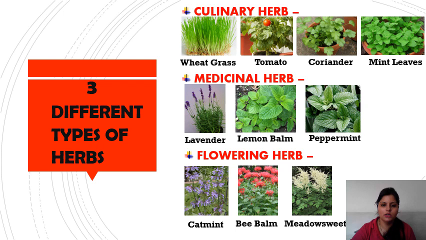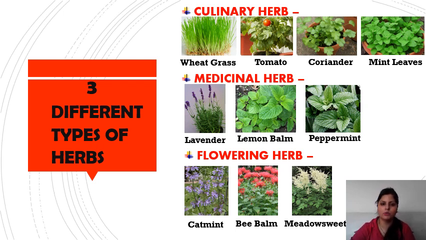So these are the 3 categories of herbs. If you cannot memorize all the names, you can at least put them in different categories. Yes, culinary, medicinal and flowering herbs. Let us do a quick recap of today's class.